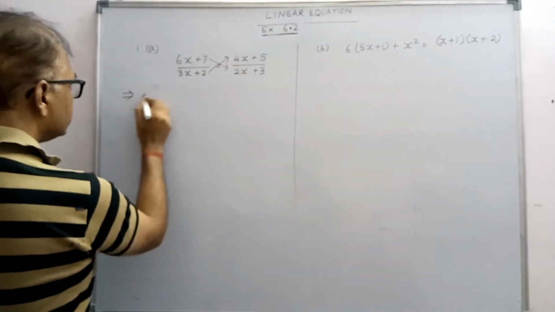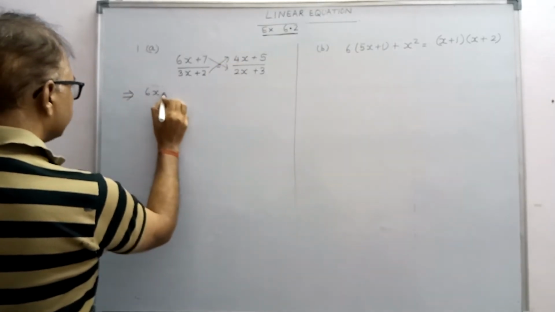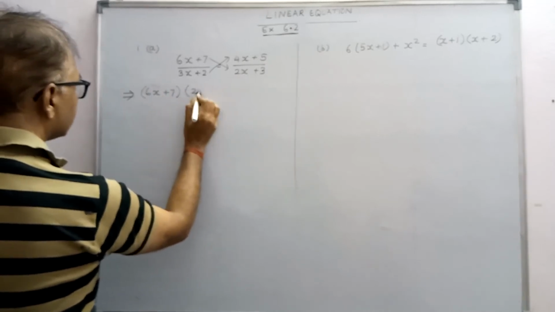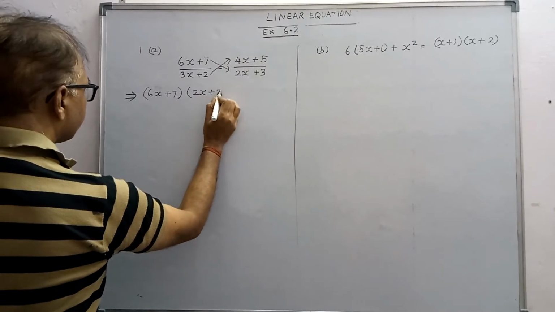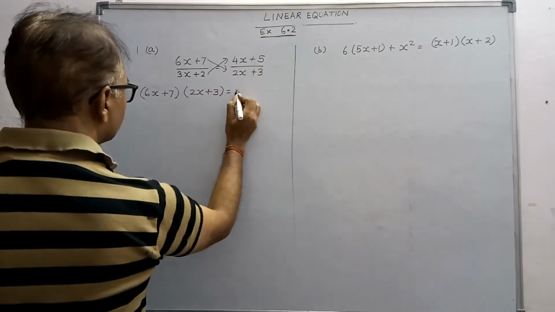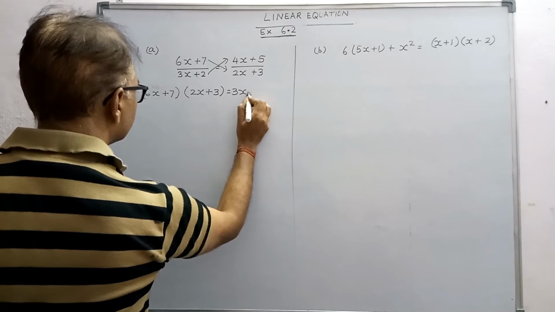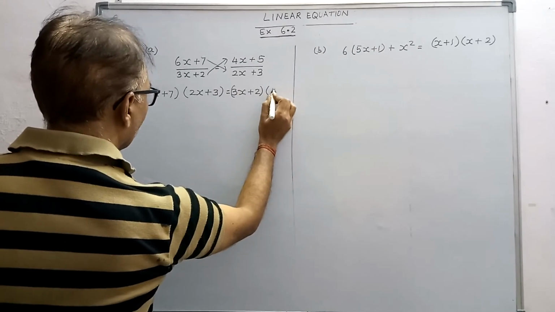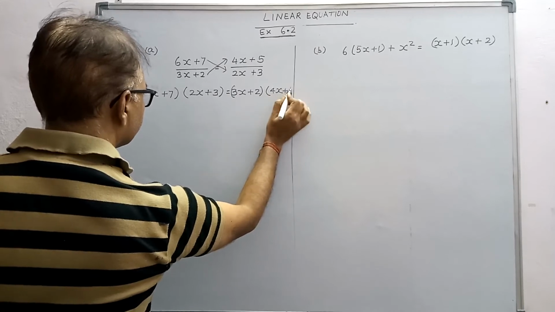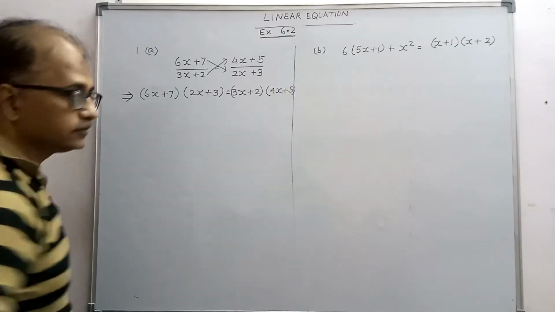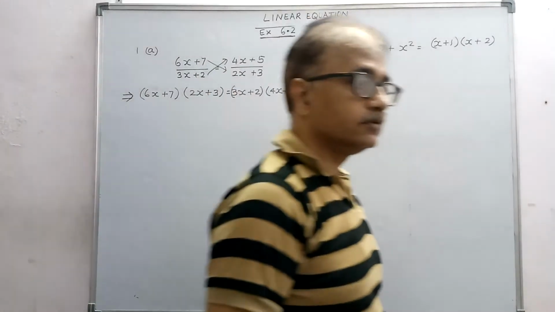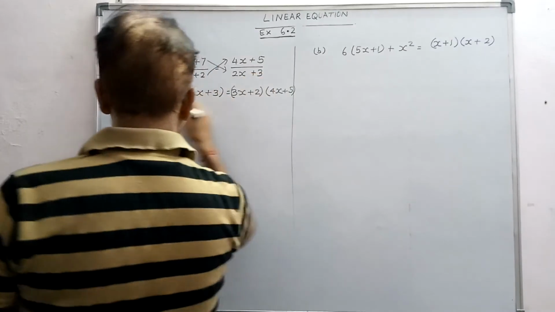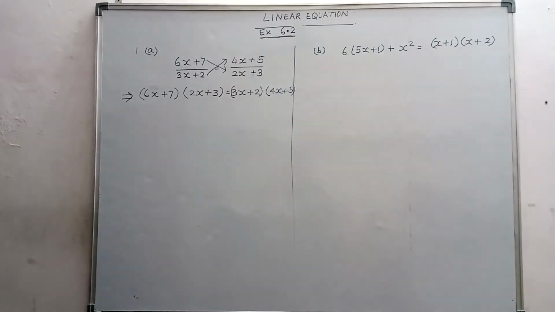That's going to give you 6x plus 7 multiplied by 2x plus 3 is equal to 3x plus 2 multiplied by 4x plus 5. Okay, so you see this multiplied by this and this multiplied by this, cross multiplied.